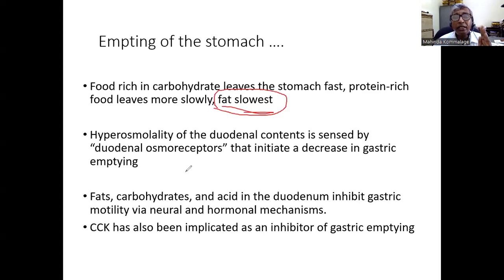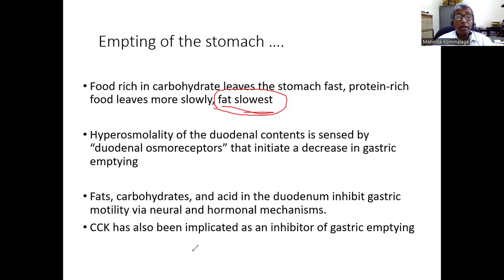It should get a very small volume of chyme for its action: enzyme action, mixing and absorption in the duodenum and small intestine, everything. So therefore, the emptying of the stomach is very well controlled, right? The action of the pyloric sphincter, hormonal regulation, and the osmoreceptor in the duodenum, everything is important for that function.